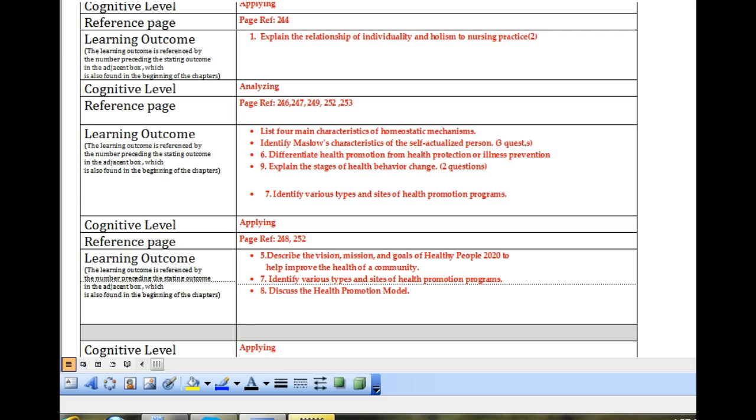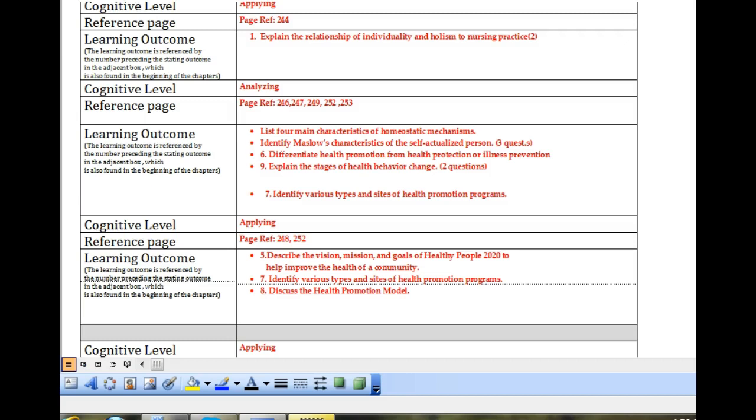Then I also want you to look at love and belonging needs, including giving and receiving affection, attaining a place in a group, and maintaining the feeling of belonging. And then don't forget about self-esteem and esteem from others, and that includes feelings of independence, competence, self-respect, recognition, respect, and appreciation. Self-hatred and disgust is the opposite.